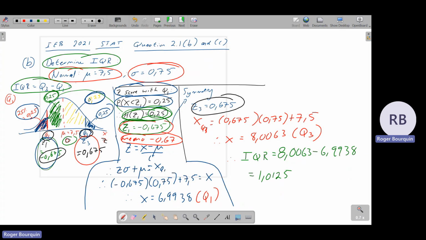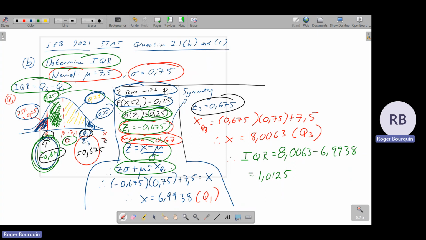But now I need to find the X scores that go with each Z score. I'm going to find the corresponding X score that goes with a Z score of negative 0.675. If I manipulate this formula, I get Z times sigma is equal to X minus mu. Move mu to the other side, and I get Z sigma plus mu is equal to the X value of your lower quartile.